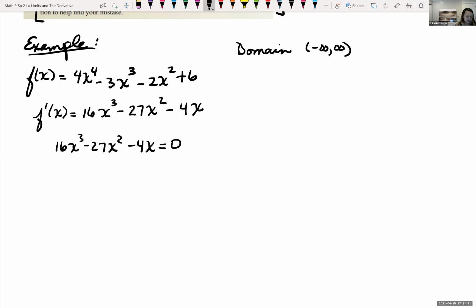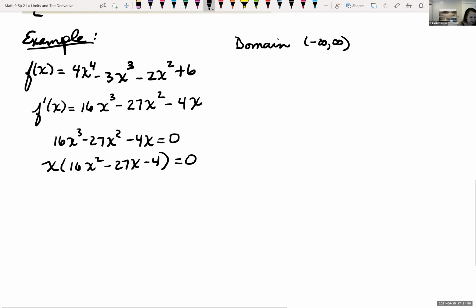So the first thing I notice is that I can factor out a single x, and that would make it a quadratic factor. So x times (16x squared minus 27x minus 4) equals 0. And then I can see if I can use the AC method on factoring this, or I can just jump into using the quadratic formula.